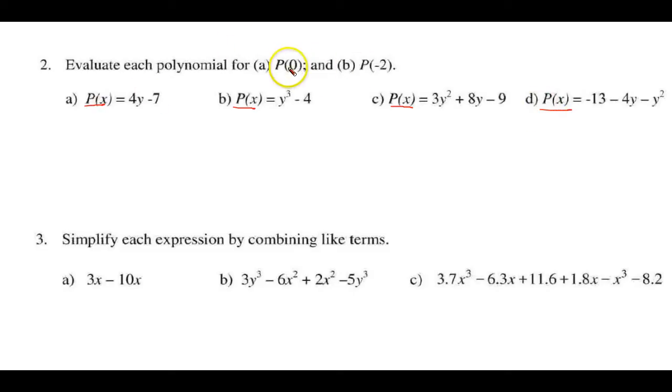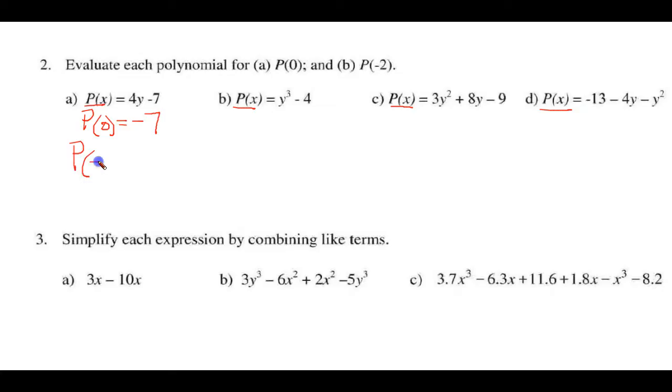So when the variable is 0, 4 times 0 is 0, this is going to be a negative 7.